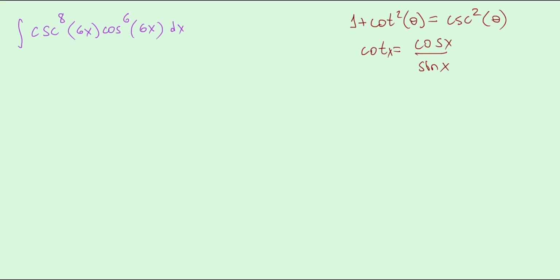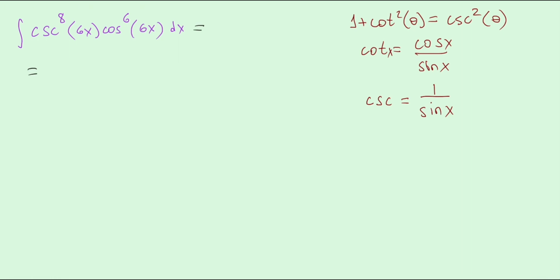Since we don't have sine, we should note that we could get that sine from the other trig function, which is cosecant, if we know that cosecant is equal to 1 over sine of x. So let's manipulate the equation a little bit.